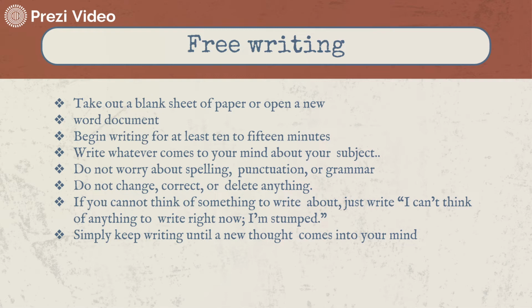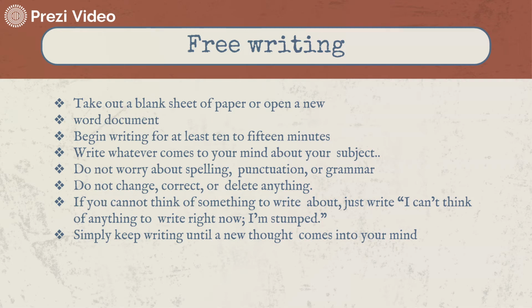We call this writer's block, when you cannot think of something to write. Then you're going to write something like, I can't think of anything to write right now, I am stumped. Maybe after 2 or 3 minutes, the ideas will come to your mind, and you can write the points that you would like to discuss regarding the topic given.